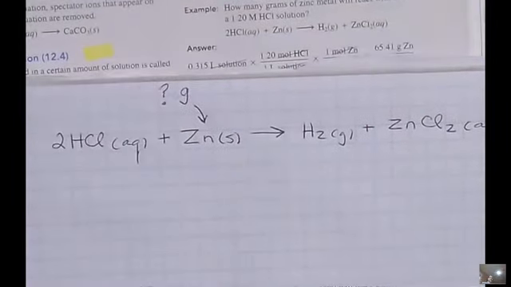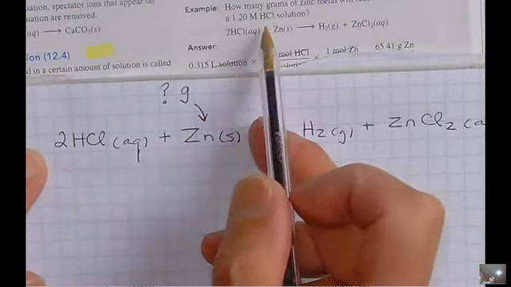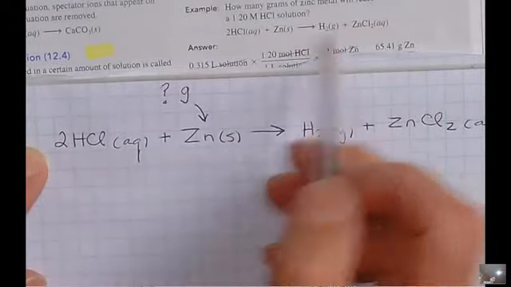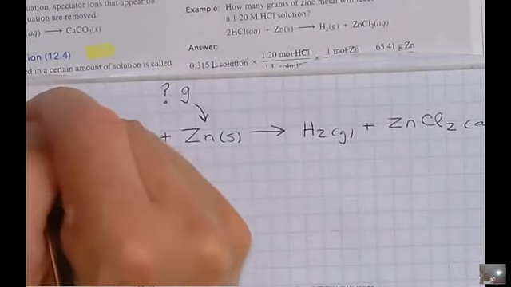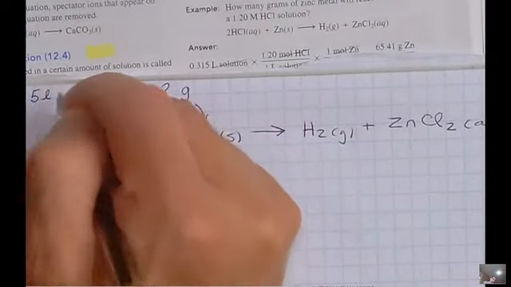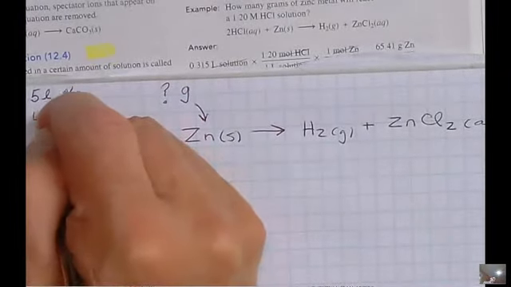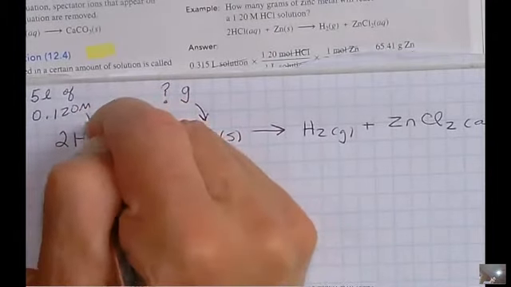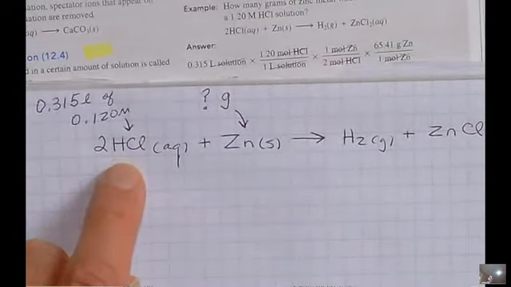The number of grams of that are going to react with, this time, I don't have grams or moles here. I have a concentration and a volume. 0.135 liters of 0.120 molar.